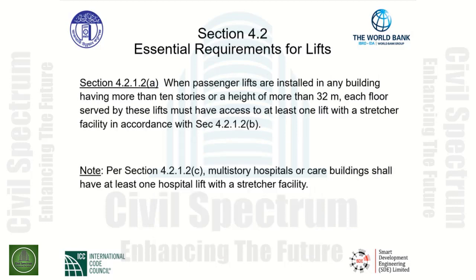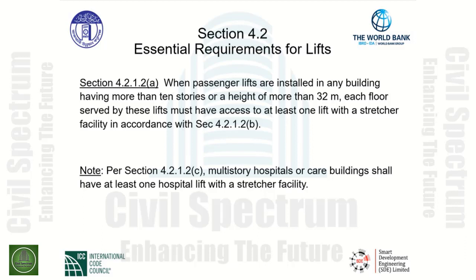Section 4.2.1.2, Item A. When passenger lifts are installed in any building having more than 10 stories or of a height more than 32 meters, each floor served by these lifts must have access to at least one lift with a stretcher facility in accordance with Section 4.2.1.2b.